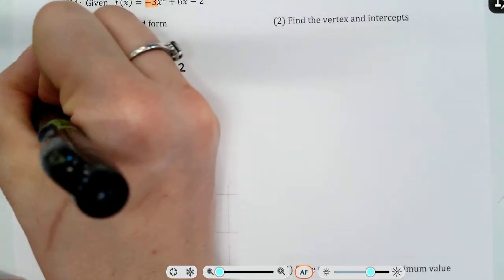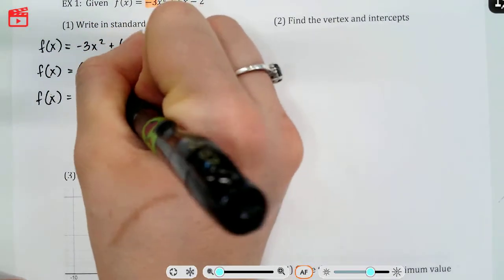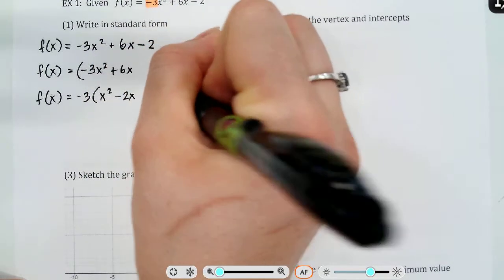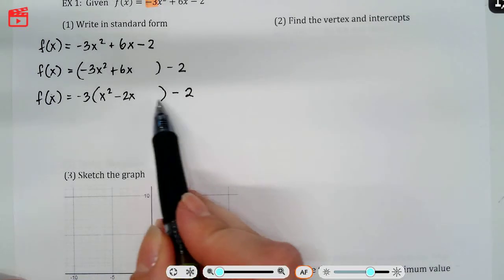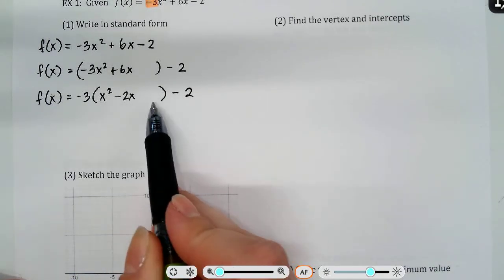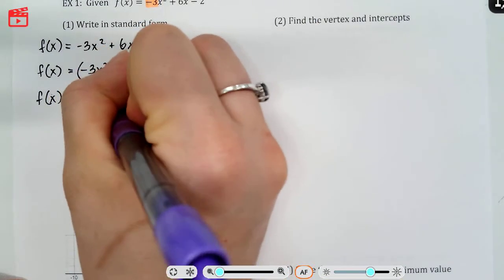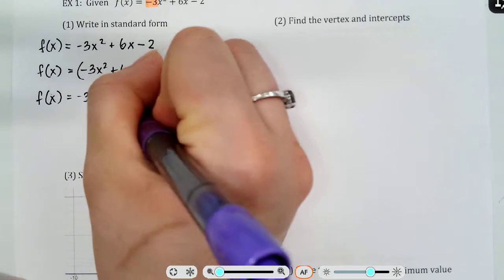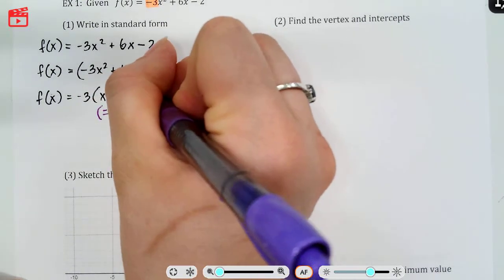Okay, so factoring out that negative 3, I'll get x squared minus 2x minus 2. Okay, so once I factored out that negative 3, now I can go ahead and try and complete the perfect square trinomial here. To do that, once again, remember, to find that perfect number, we take our b value and divide it by 2 and square it, which gives me 1. So I'm going to add 1 here.